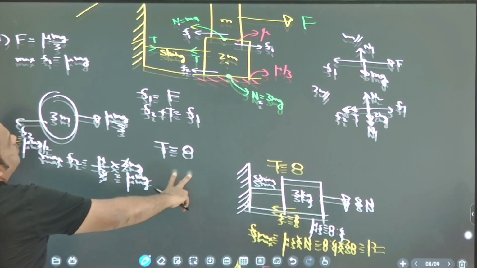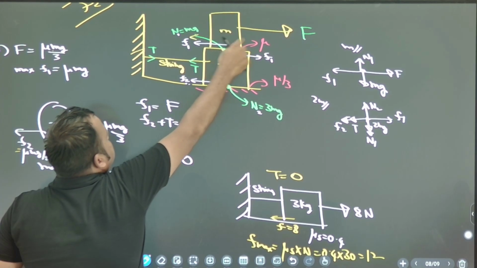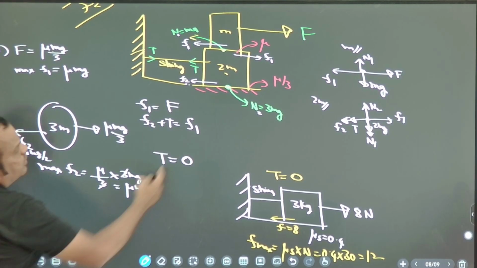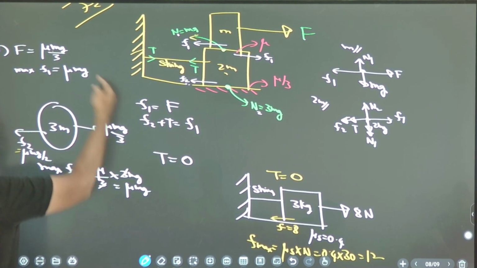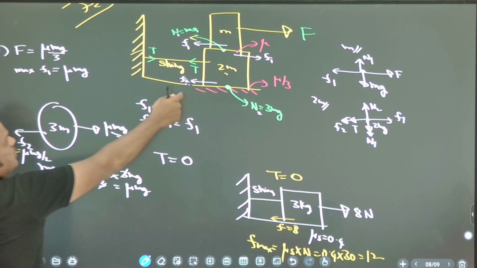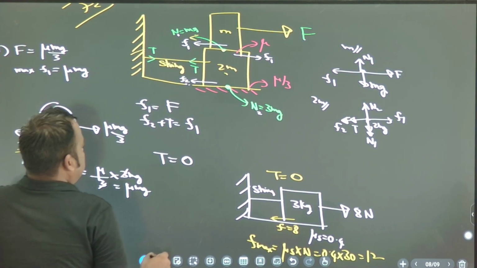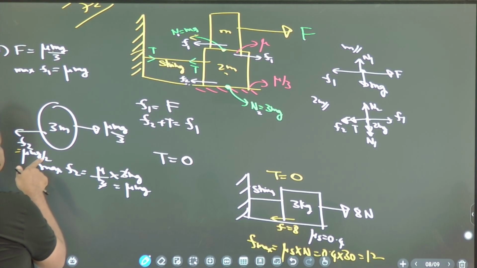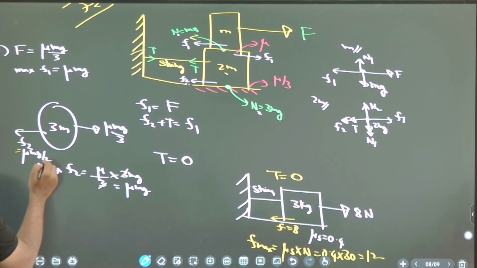Here, if you combine m plus 2m, you are exerting force F equal to mu mg by 3. And what is the maximum friction here? Mu mg. And you are exerting mu mg by 3. So there is no tension here, tension is 0. And F2 is mu mg by 3.